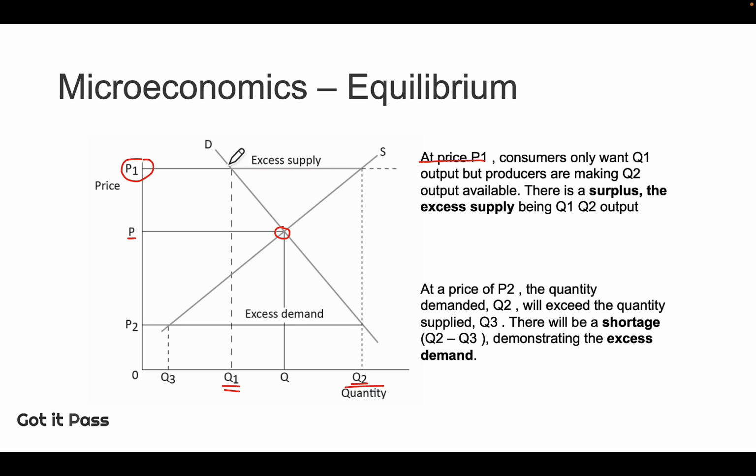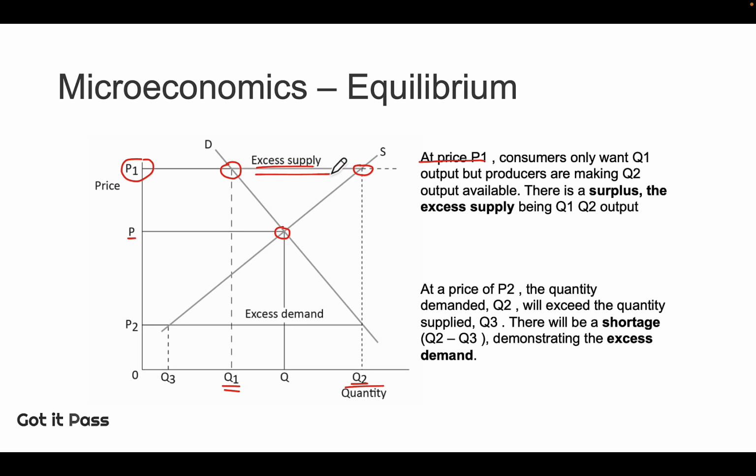So you can see that at price P1, the demand is only at Q1, and the supplier is happy to produce up to Q2. There is a situation called surplus or excess supply here, because the suppliers are happy to produce up to Q2, but the consumers only demand up to Q1. They are overstocked in the market, which is called excess supply.